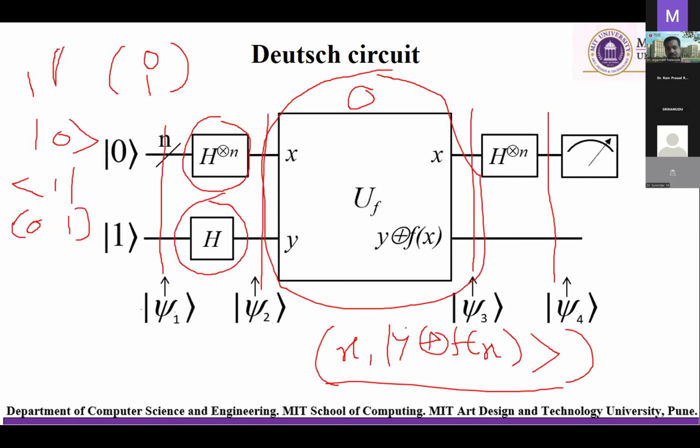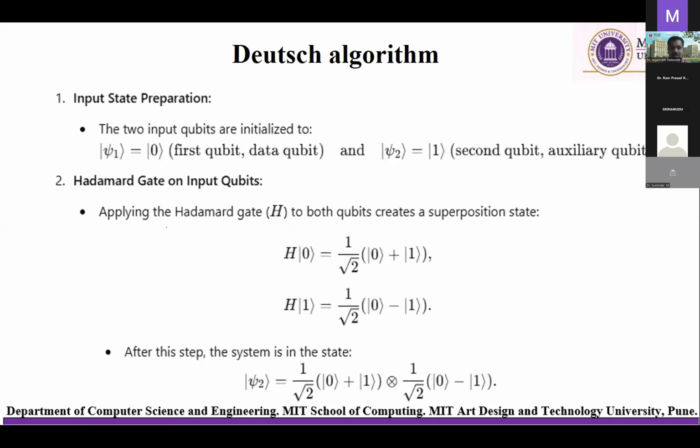This is given as ket psi 1. Here we can consider ket psi 2, here ket psi 3, and here ket psi 4. So these are the 4 stages. At the 4 stages, we can check how this particular input will get processed, and at each stage you will get this type of output.